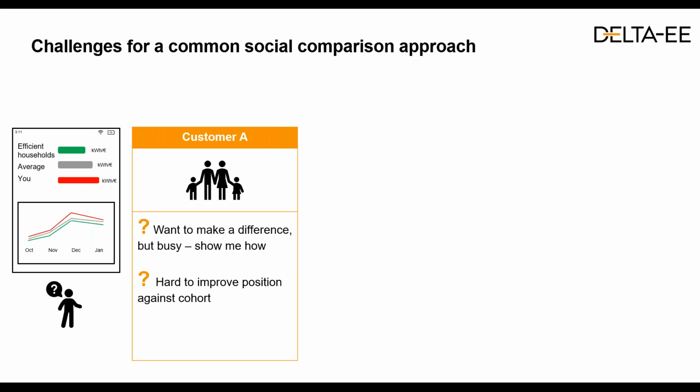Customer A might think, okay, we are a family of 4, and we find we are lagging behind many other families. They want to improve their energy efficiency, but they may feel discouraged because they have less time to look after this. And what's more, the information they get here is not full enough for them to understand how to improve their energy efficiency, because the social comparison here doesn't provide any suggestions for them to improve their position.